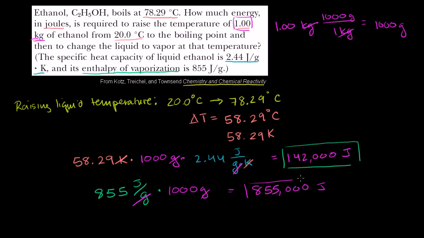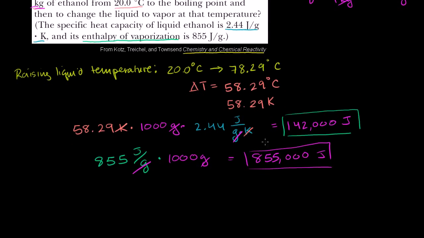855 times 1,000 is 855,000 joules. So it actually took a lot less energy to make the ethanol go from 20 degrees Celsius to 78.29 degrees Celsius than it took to stay at 78.29 but go from the liquid form to the vapor form. This took the bulk of the energy. But if we want to know the total amount of energy, let's see if we can add this up in our heads. 855,000 plus 142,000. 800 plus 100 is 900, so it's 900,000. 50 plus 40 is 90. 5 plus 2 is 7.